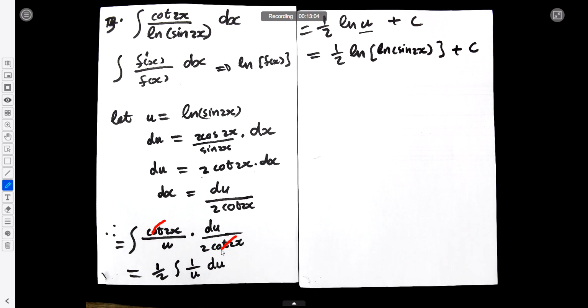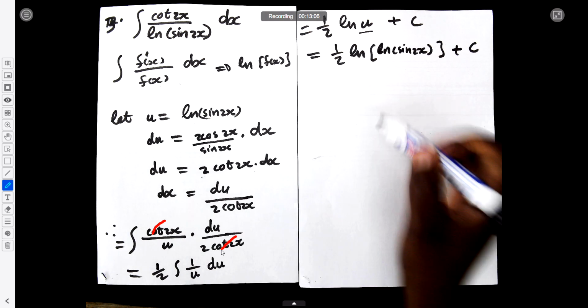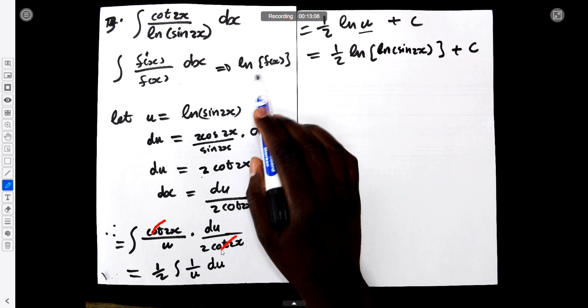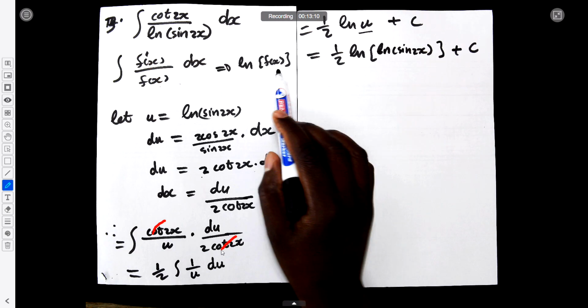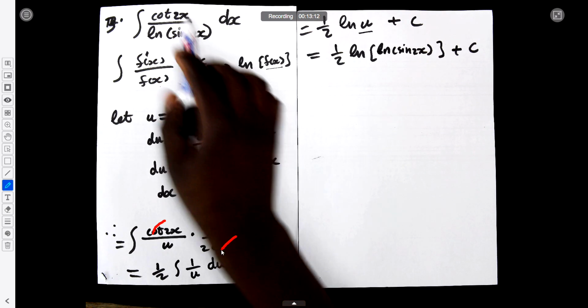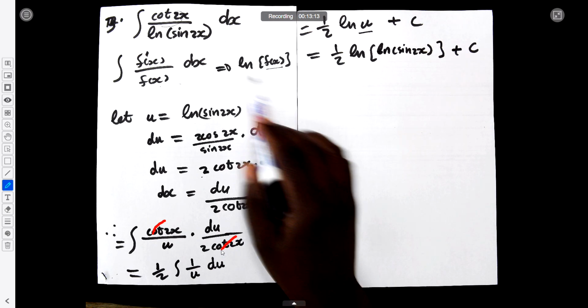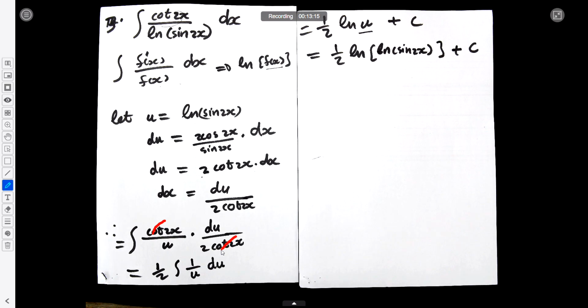Then we're done. That is our solution. I hope you recall here that when I said ln of the denominator, it was supposed to be divided by the constant there, which was missing, 1 over 2, plus c. Okay, I hope it makes sense now.